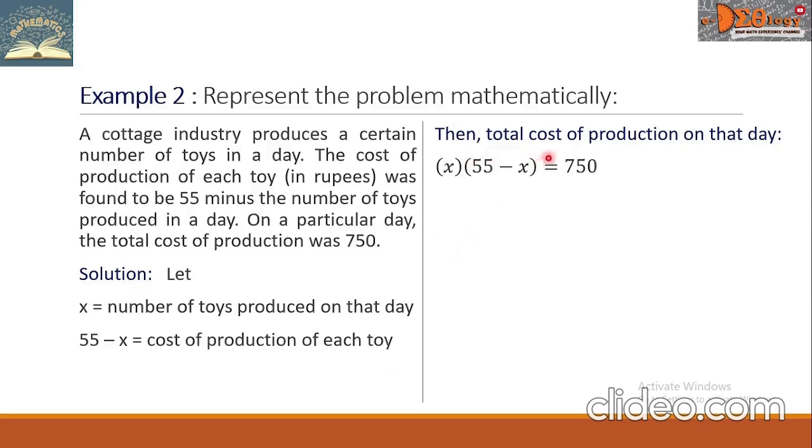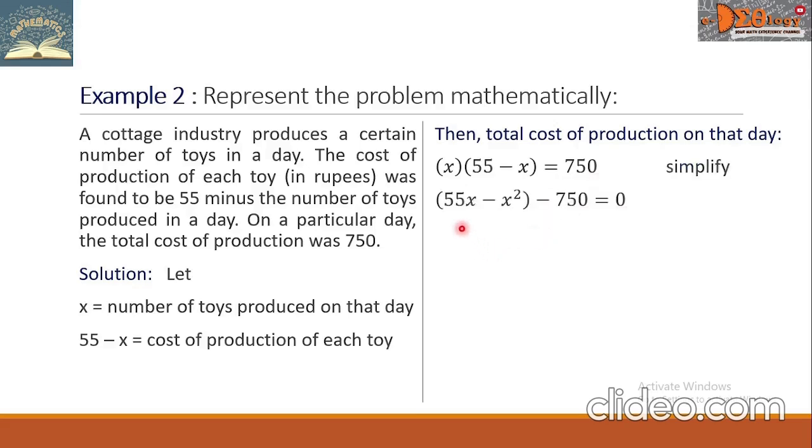Then, the total cost of production on that day is x times 55 minus x equals 750. We multiply this x by 55 minus x. Then the 750 we transpose to the left side.